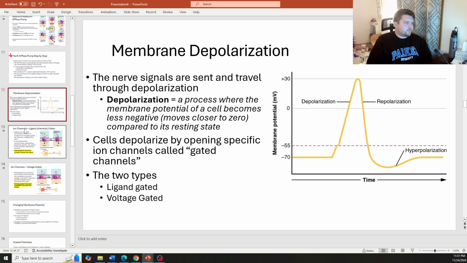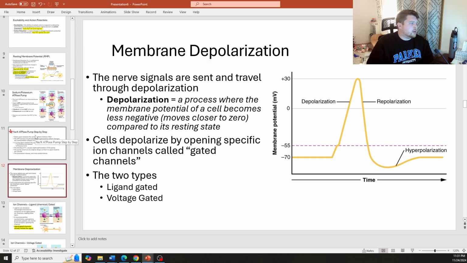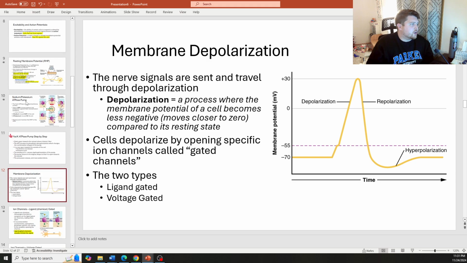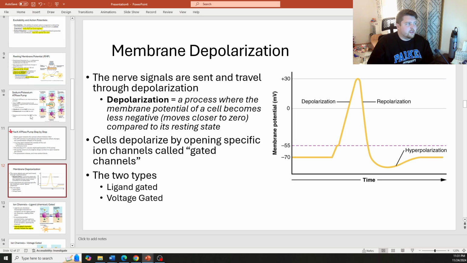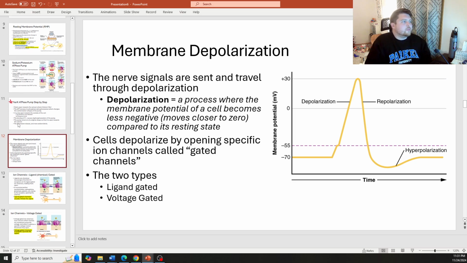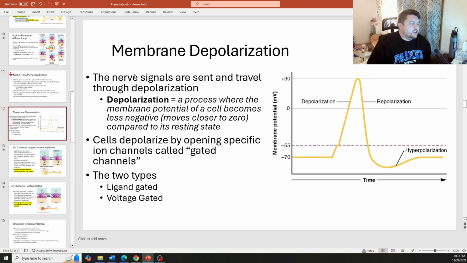Sweet. So continuing along the lines of these nerve impulses, now that we've gotten a lot of the info out of the way, nerve signals are started and sent, as well as travel, through a process called depolarization.